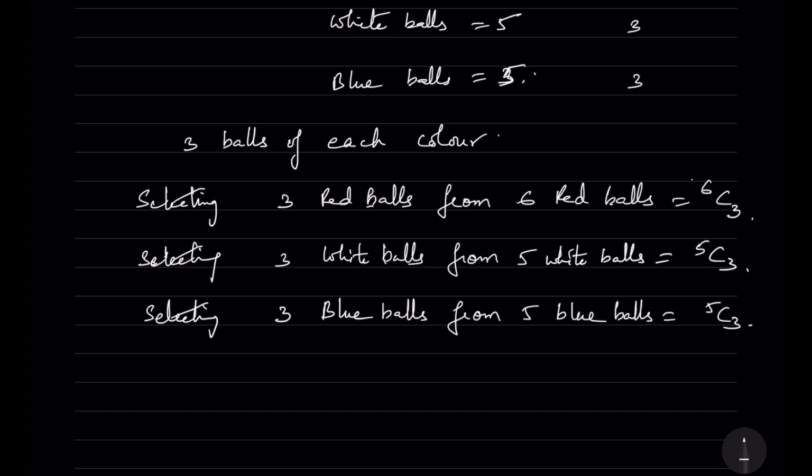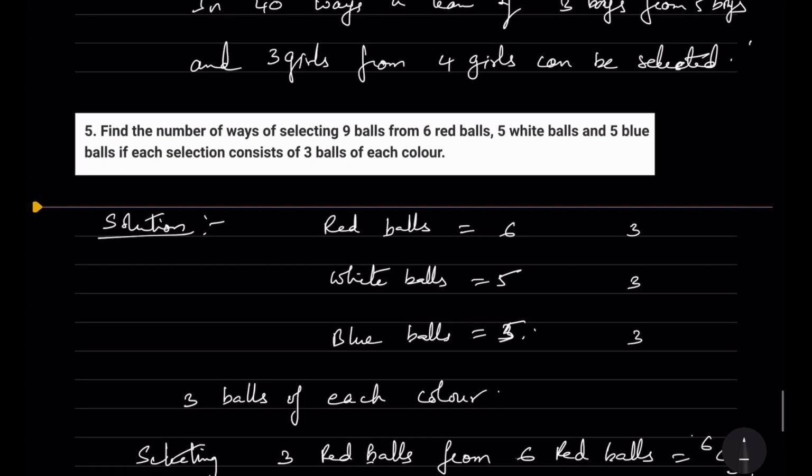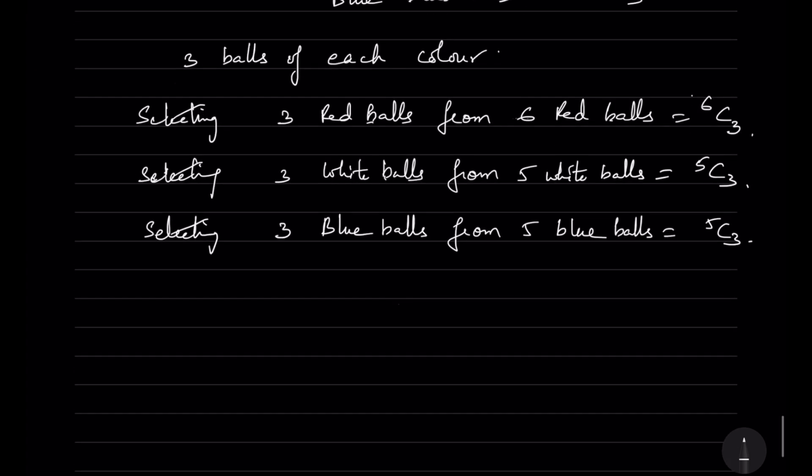Now we have to select, of all these 3 colors, 3 balls of each color. We are selecting 9 balls, isn't it? So the 9 balls are selected in how many ways?